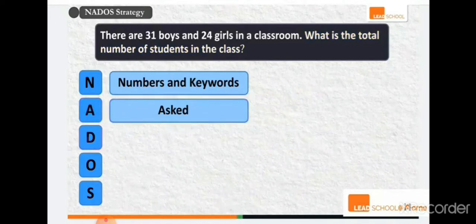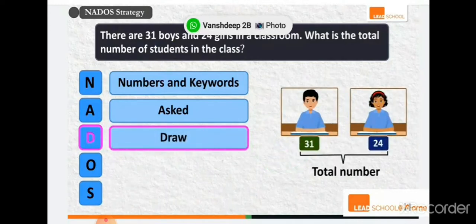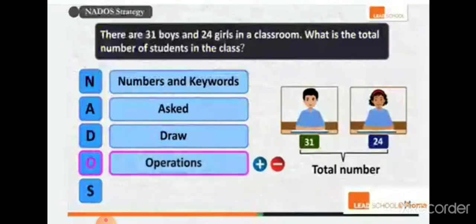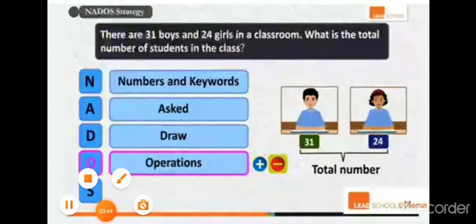Next, we have D, which stands for draw. This helps us understand the question better. Then comes O, which stands for operations. This part helps us know which operation is required to solve the question. Is it addition or subtraction?